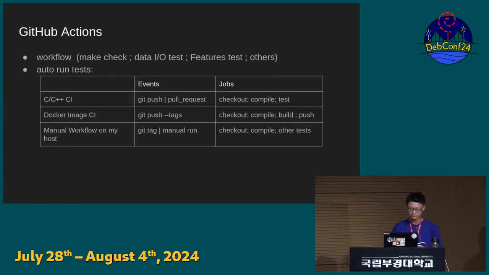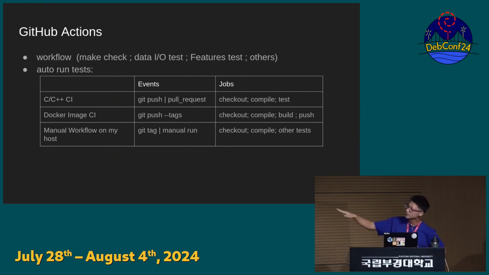CI/CD has been super popular in recent years. In the beginning, our source code repository was on GitHub, and we are still here, we have not moved yet. We have different workflows for auto test and auto deployment.